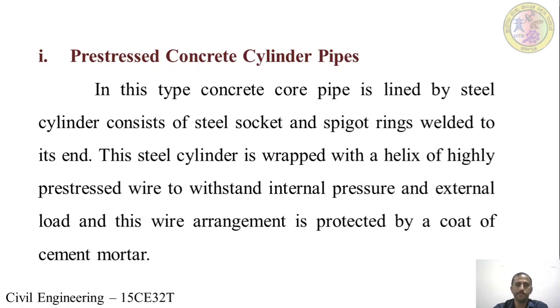In these pipes, the inner concrete core is surrounded by, or wrapped by, a sheet of steel. This sheet of steel pipe is compressed by helically wound, highly stressed steel wires. Later on, these steel wires are protected by a cement mortar.